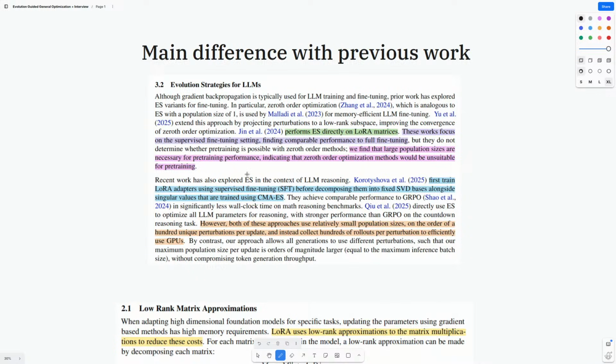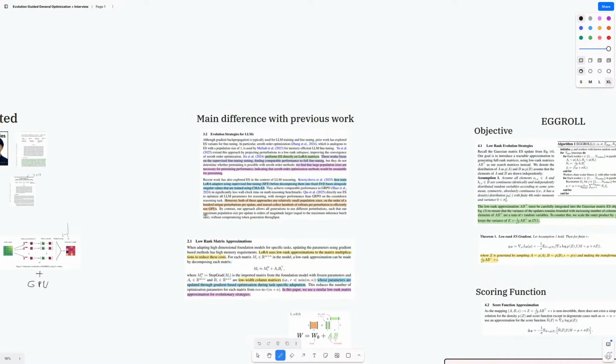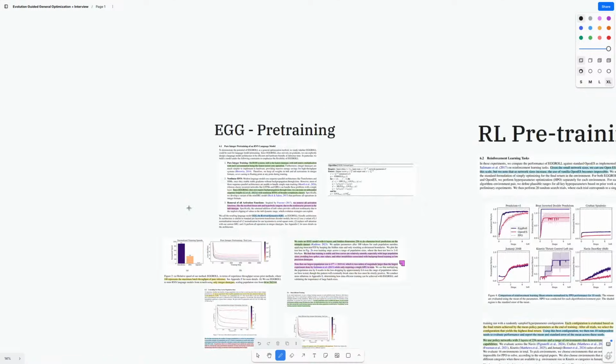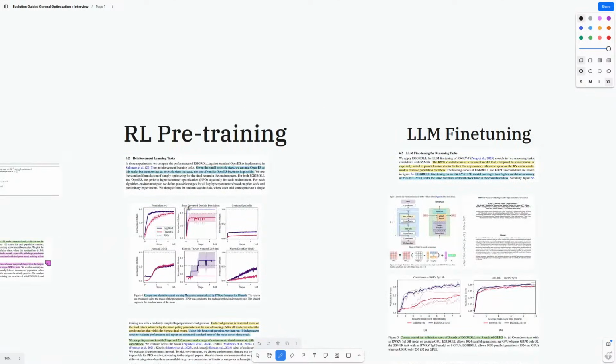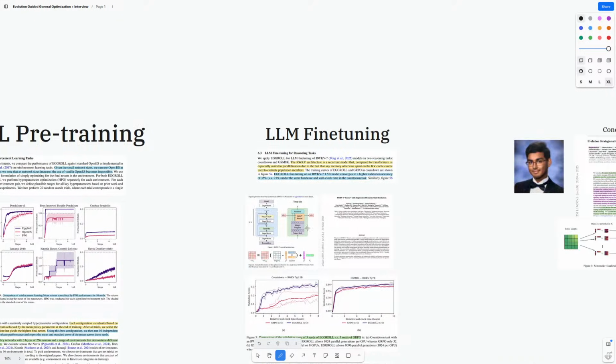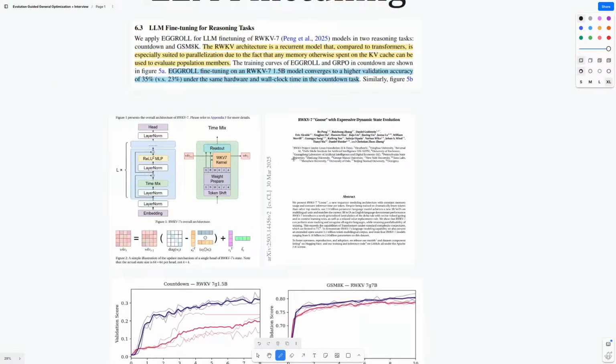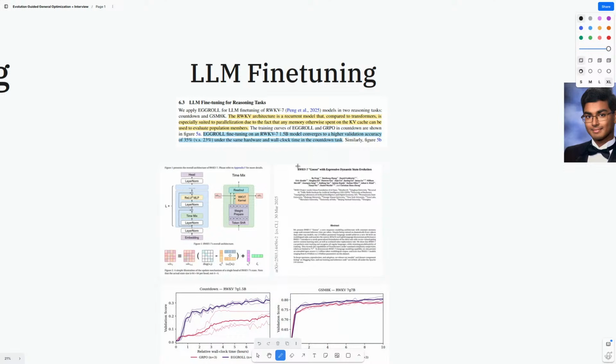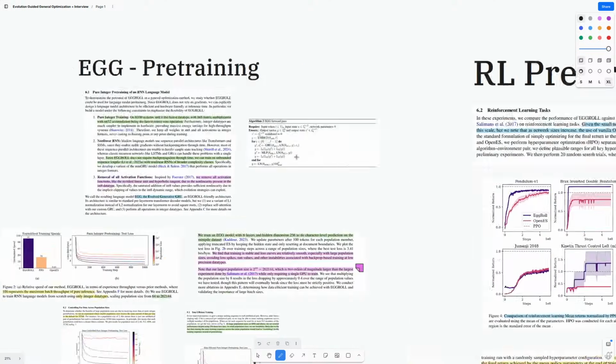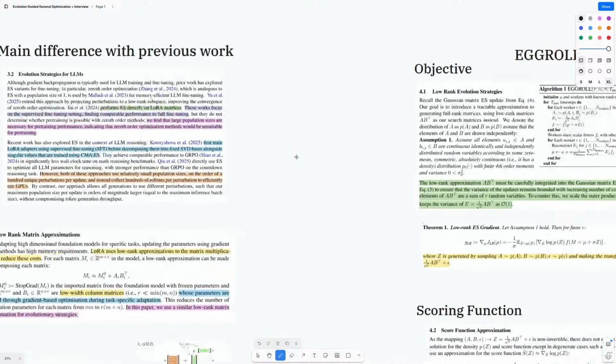What's it called? I never saw that one before. It is the RWKV paper, so the Goose with expressive dynamic state evolution. Yeah, so it's this one that they're fine-tuning. It still has 1.5 billion parameters. They were able to fine-tune that thing.